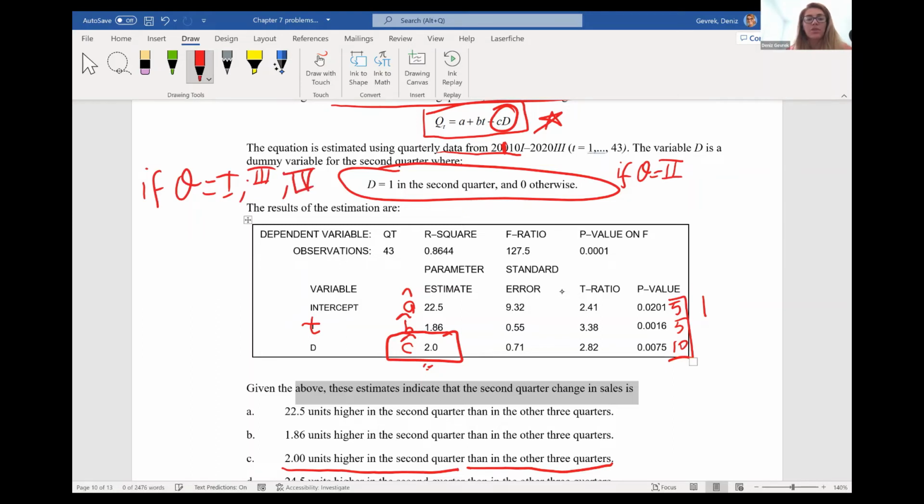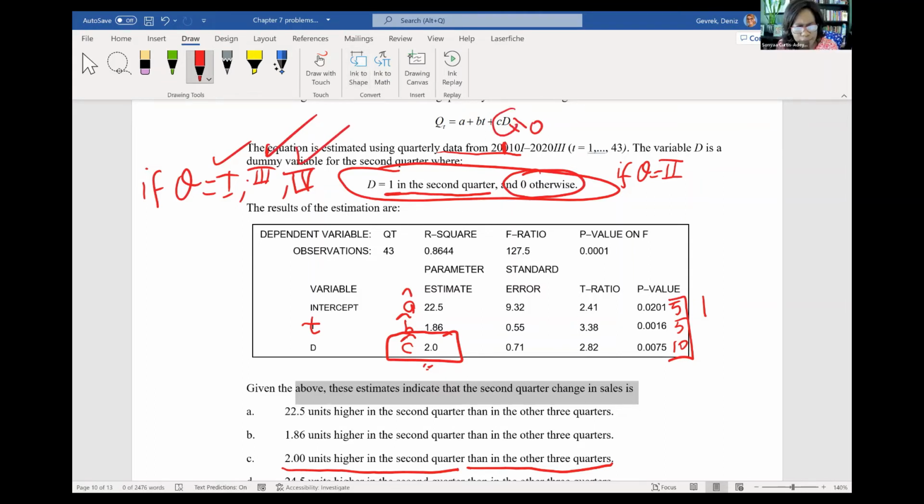D takes on value 1 in the second quarter, 0 otherwise. That means D takes on a value 0 for the first, third, and fourth quarters.